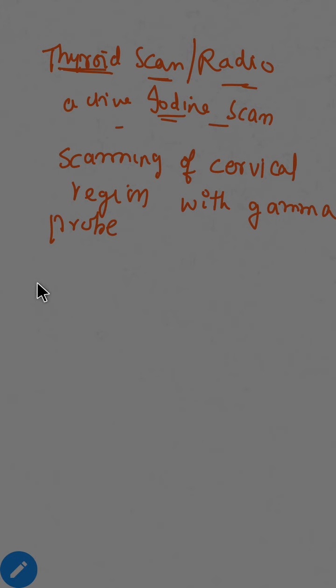The first is hot nodule, a nodule with relatively increased uptake as compared to the surrounding tissue.